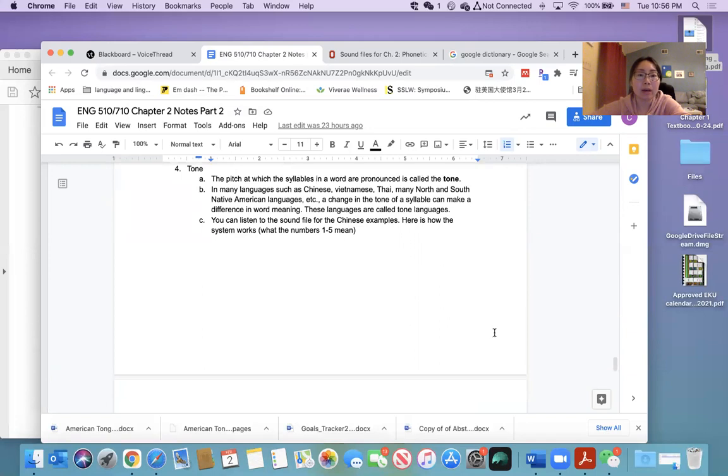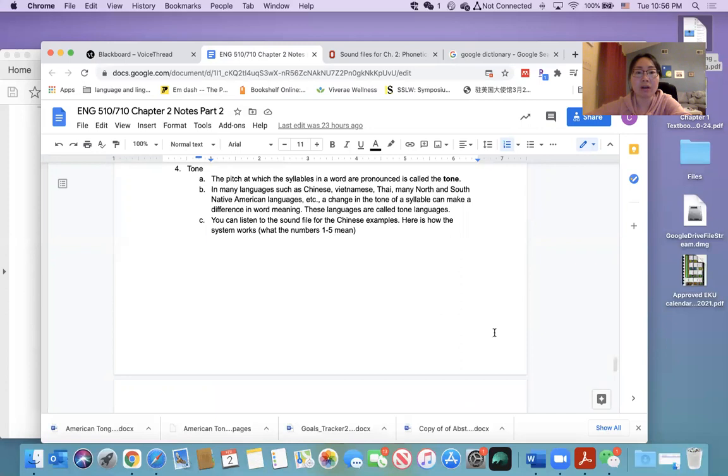Tone is the pitch at which the syllables in a word are pronounced. English is not a tonal language, and so tone doesn't really matter. But in many languages, such as Chinese, Vietnamese, Thai, and many North and South Native American languages, a change in the tone of a syllable can make a difference in word meaning.